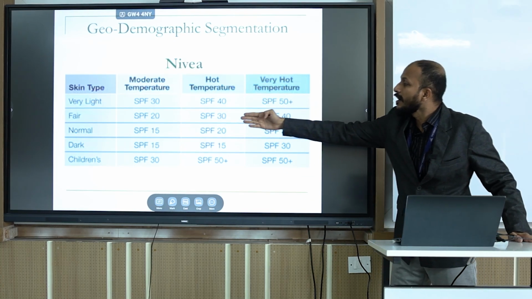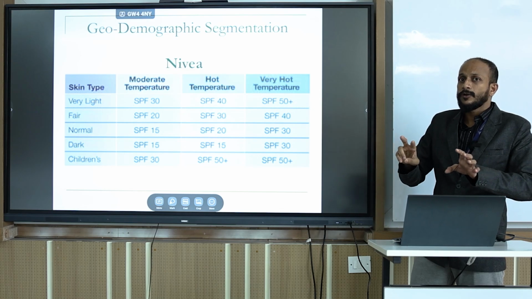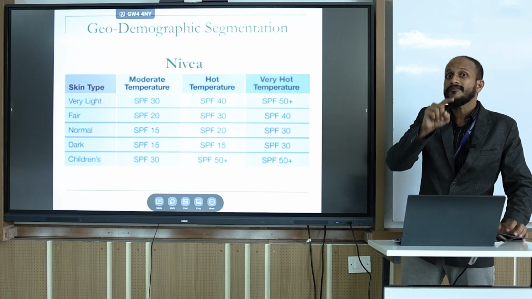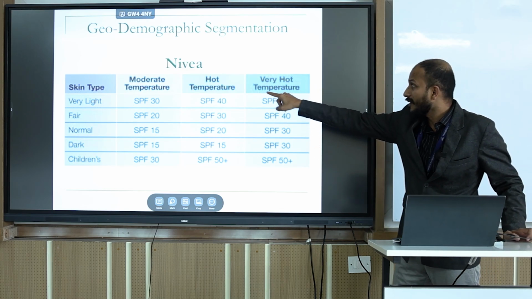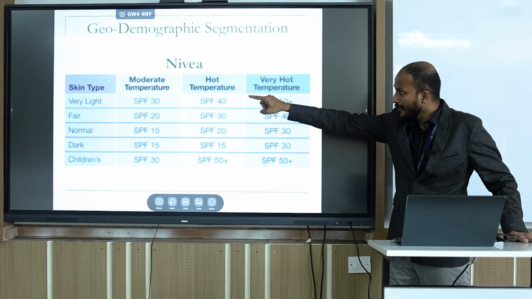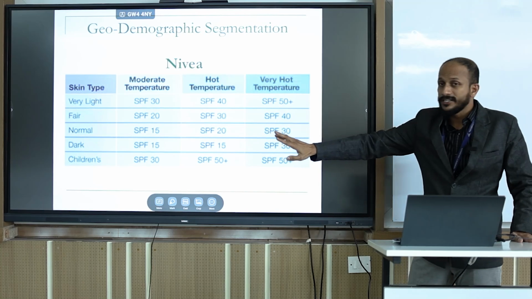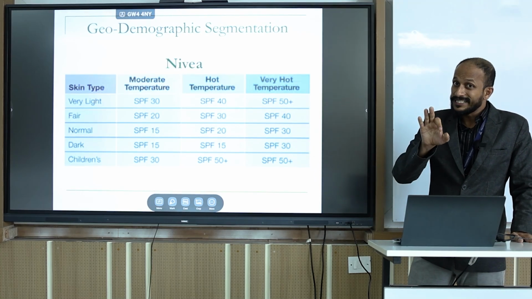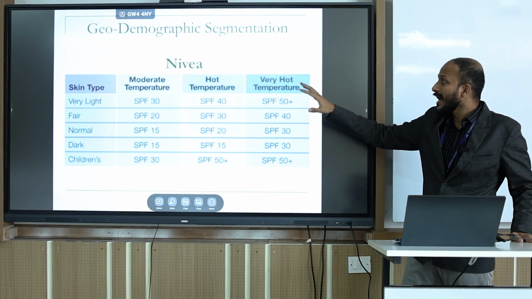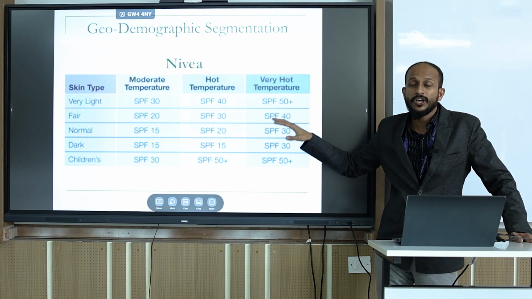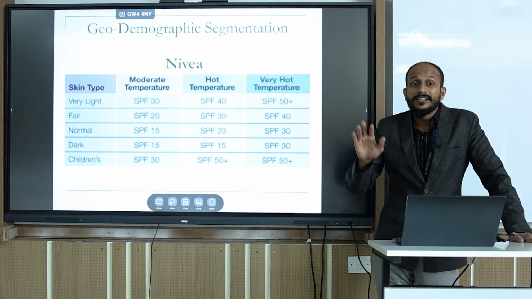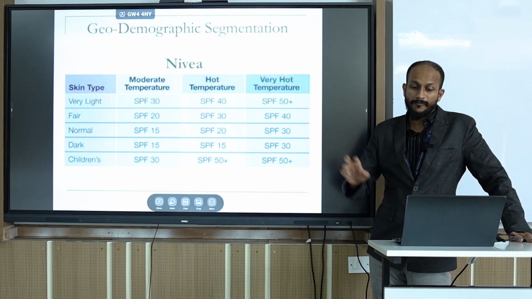They have also considered age group. So they are using almost 3 different variables, not just 2. One is temperature, another is skin type, and the last one is age group. Considering all 3 variables, they have come up with a matrix so that they can offer different products for different sets of people.